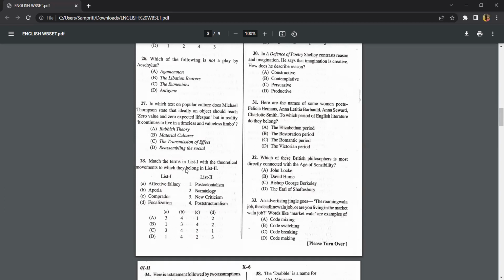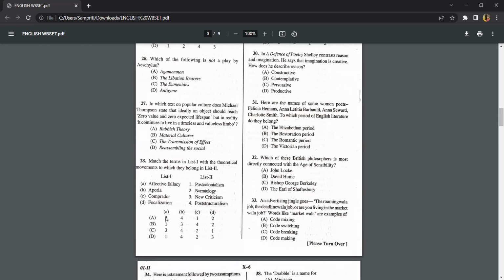28. Okay, list 1 with list 2, matching. I love this. Affective fallacy, aporia, comparator, focalization. Affective fallacy is related to New Criticism, so A3. There are two options like that, A and C. B and D should be eliminated.